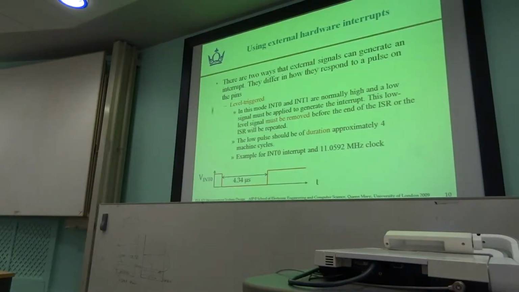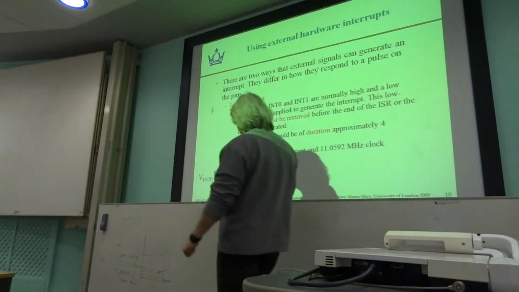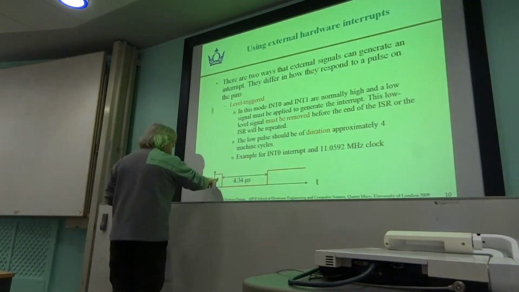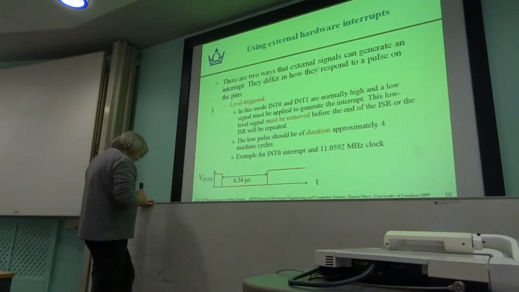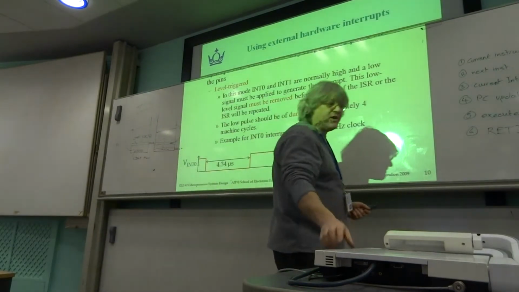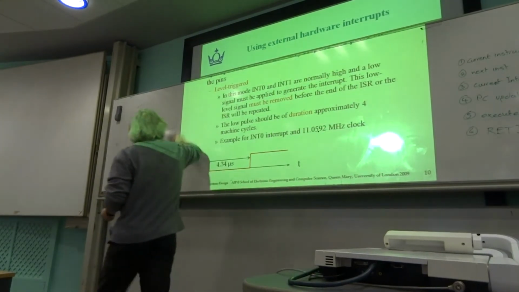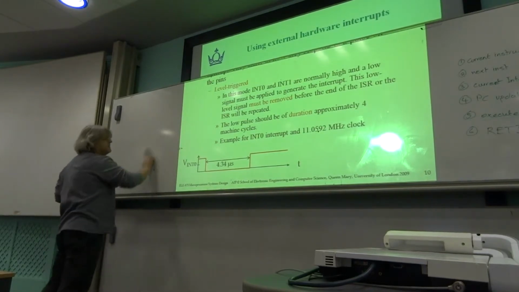So, putting timer interrupts to one side. Now, there are 2 other types of interrupts, well, 3, but there's 2 associated with external pins. These are part of port 3, and there are alternate functions for 2 of the pins on port 3.